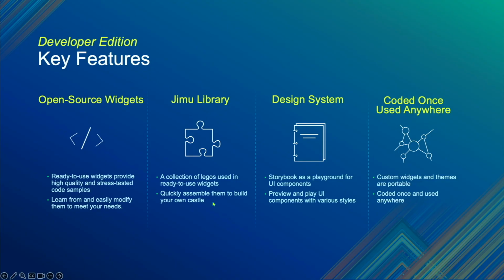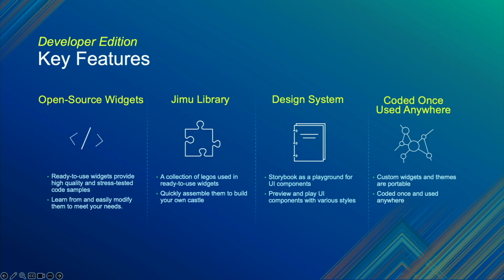Experience Builder uses the jimu library. You can think of it as a collection of Legos used in the widgets. With jimu, you can quickly assemble components to build your own castles. And when designing your app, you can also preview and play with UI components in various styles in Storybook.